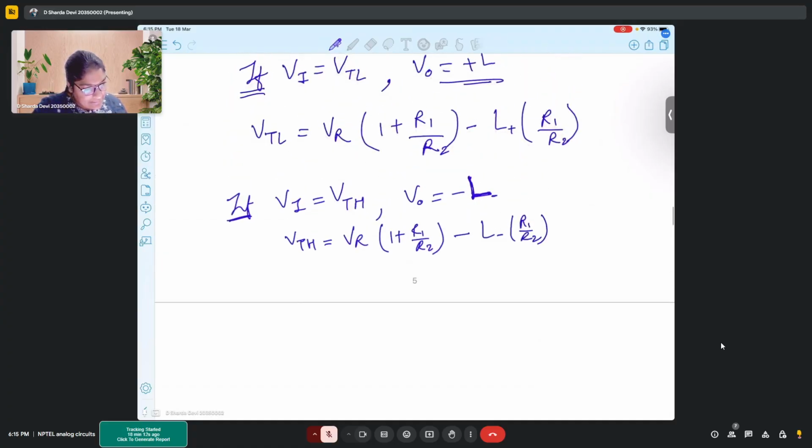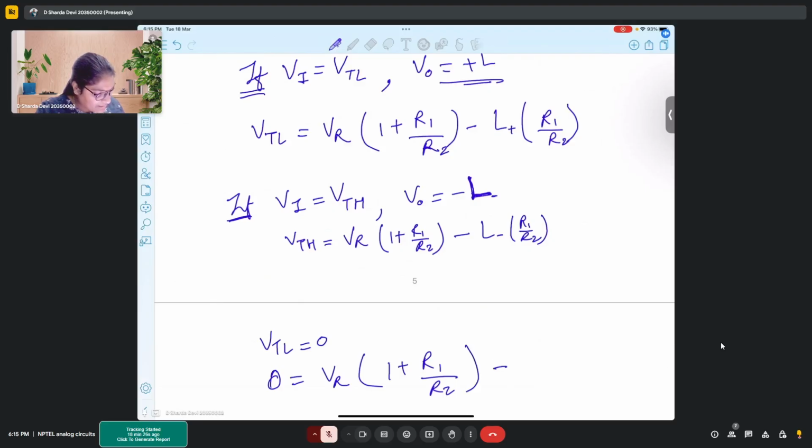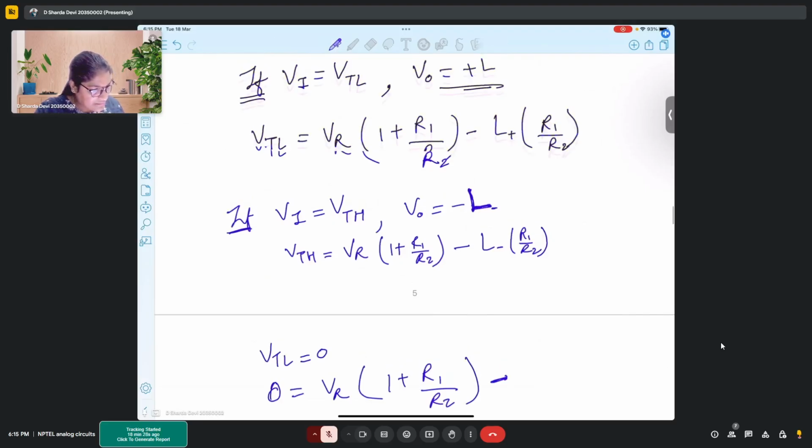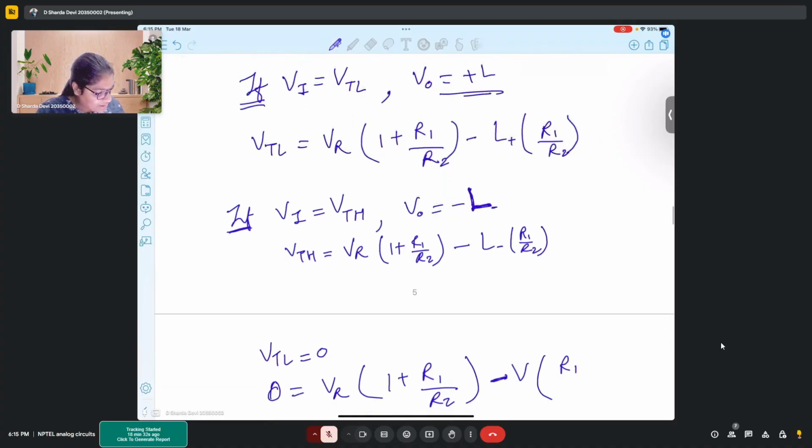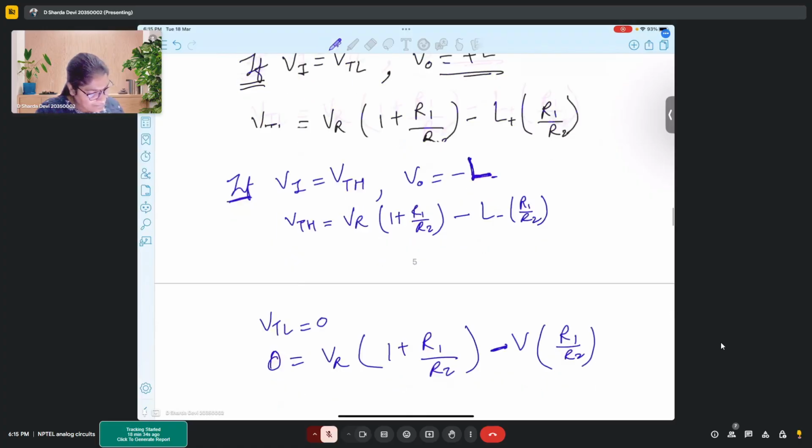Now here it is already given that VTL is 0. So 0 equals VR (1 plus R1 upon R2) minus L plus, which was nothing but V, times R1 by R2.